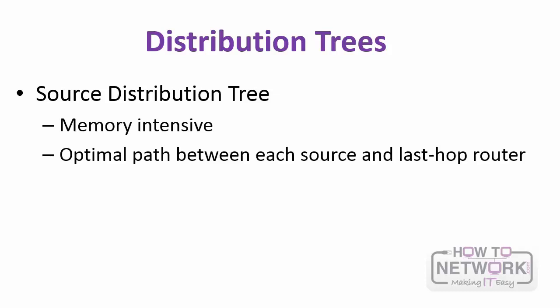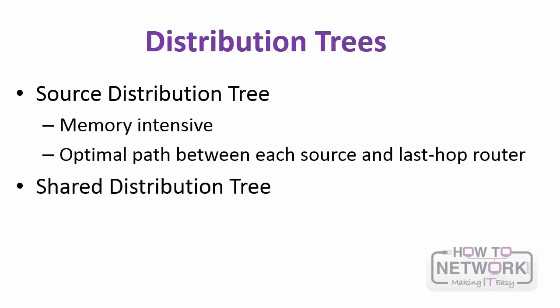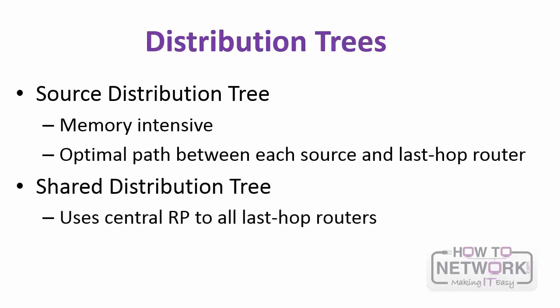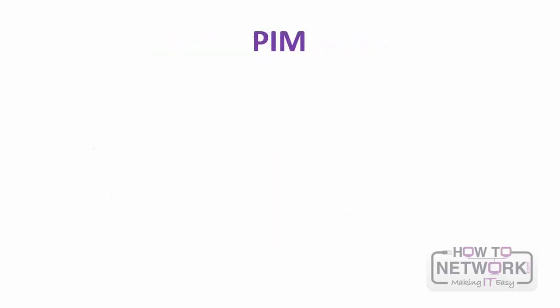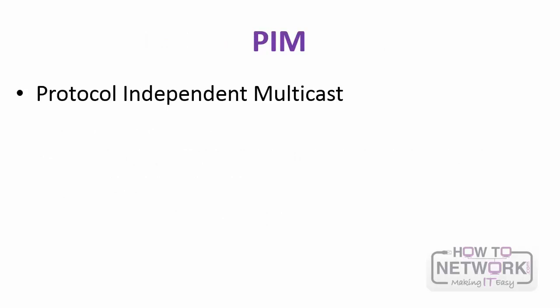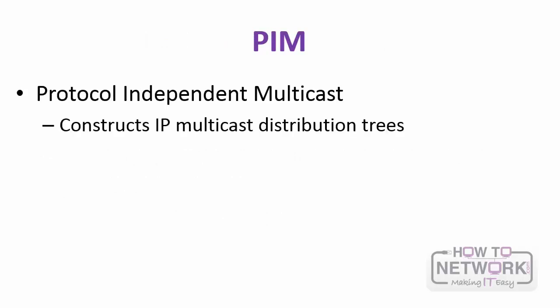And then there's a shared distribution tree, which creates a tree from a central rendezvous point, or RP, to all last hop routers. Please note, Cisco routers can use the Protocol Independent Multicast protocol, or PIM, to construct IP multicast distribution trees. PIM's protocol independence means that it can run over any IP network, regardless of the underlying unicast routing protocol.